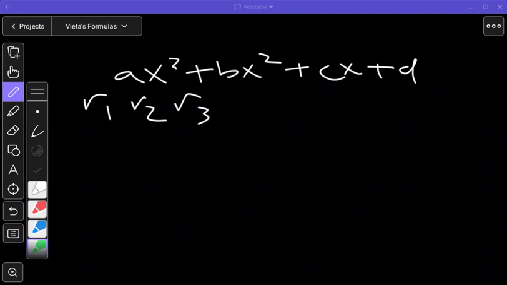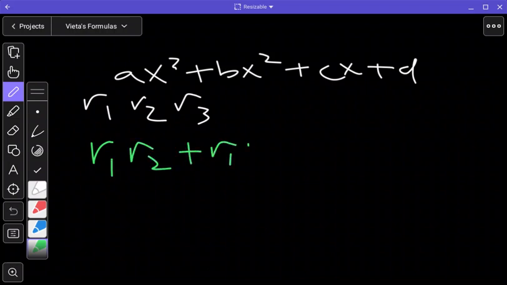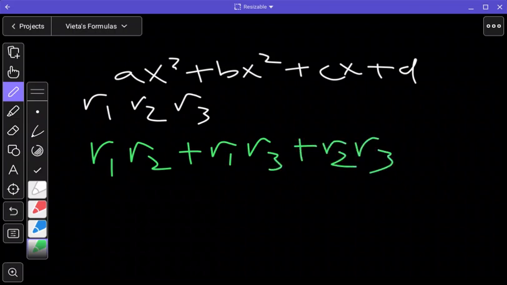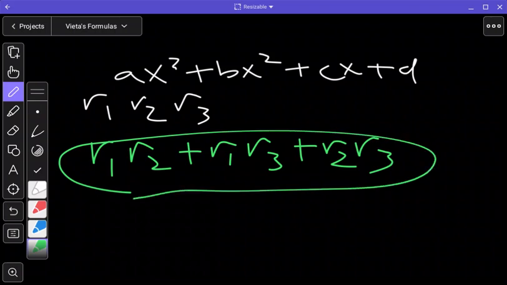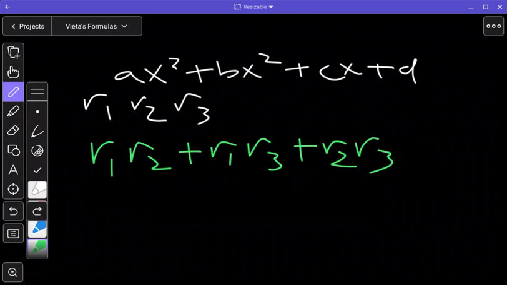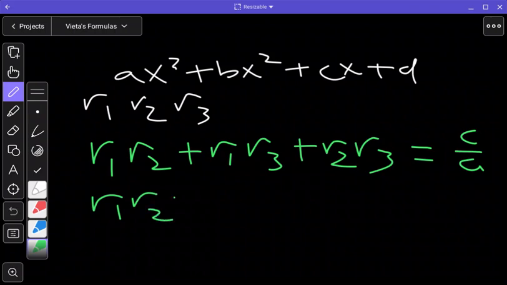So in terms of cubics, there's also a formula telling you r sub 1 times r sub 2 plus r sub 1 times r3 plus r2 times r3, where essentially it chooses two roots, multiplies them together, and adds all possible combinations. And in a cubic, if you're choosing 2, it's always going to be equal to c over a.